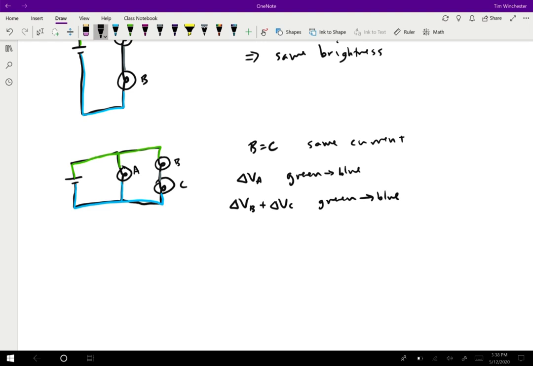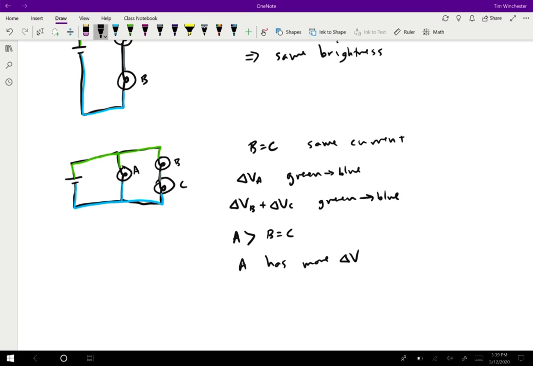So clearly there's a bigger potential difference across A than there is across B or C, because the differences across B and C add up to the difference across A. So what that means is that A is brighter than B and C, because A has more delta V. Which also means that there has to be more current through A. So more current went through A, less went through B and C, but there was no way to know that at first.